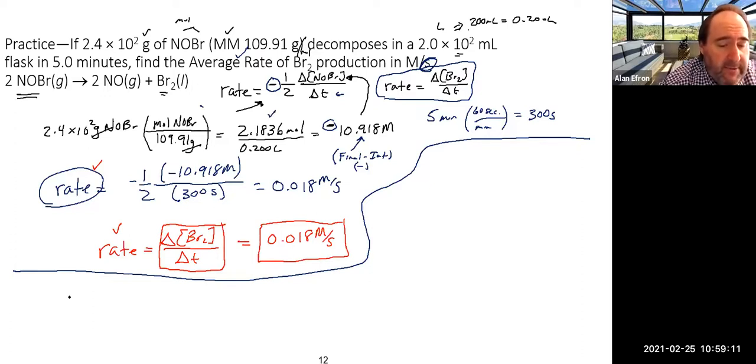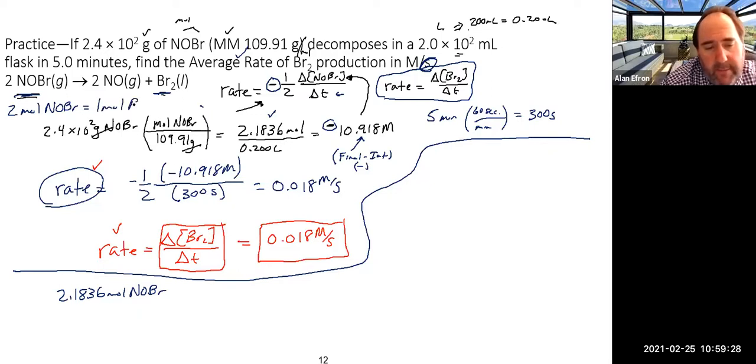So if we picked up with that 2.1836 moles of NOBR, we could just use basic stoichiometry here. And this again is 2 moles of NOBR is equal to 1 mole of BR2. So we could do that part right here.